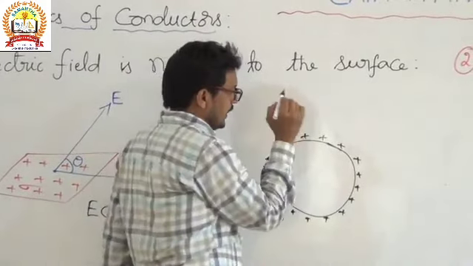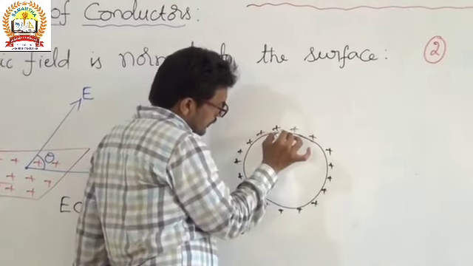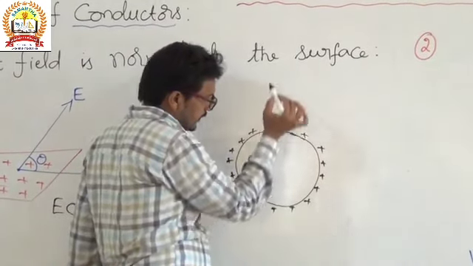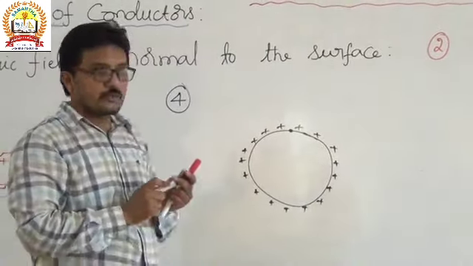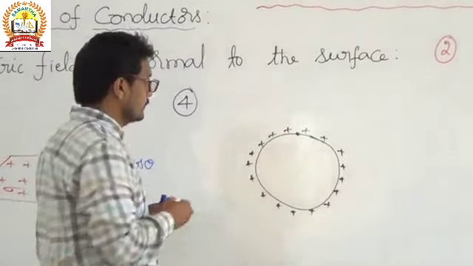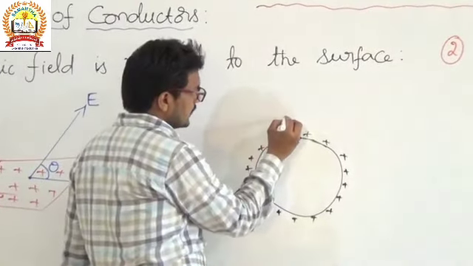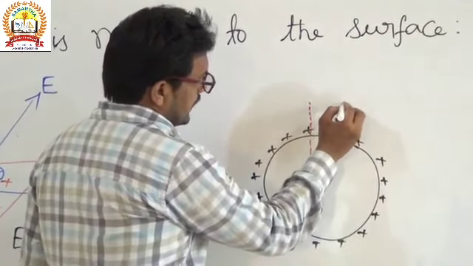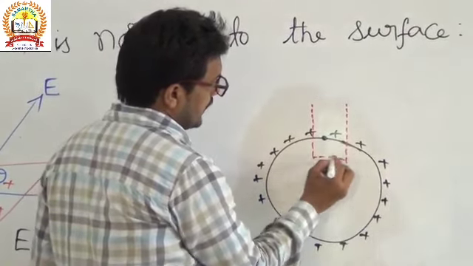For example, I choose a point on the surface. Now by using Gauss theorem, we can choose an imaginary surface, the Gaussian surface, and the charge is enclosed by it.